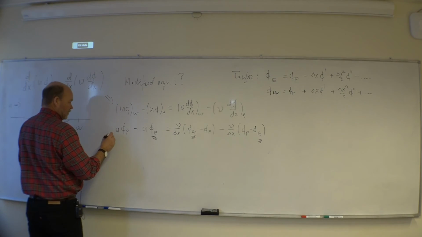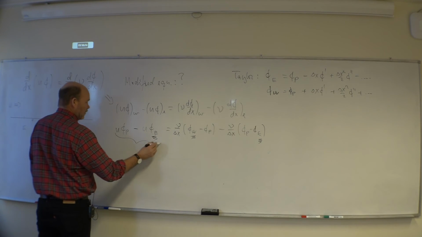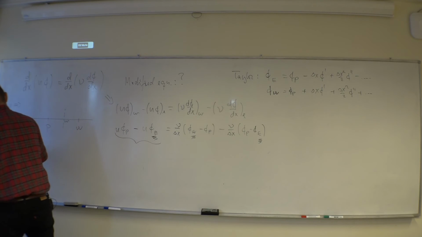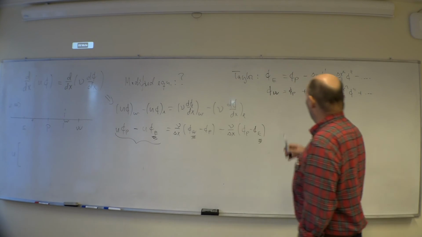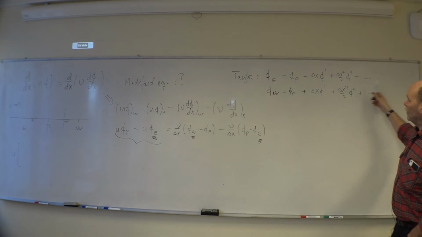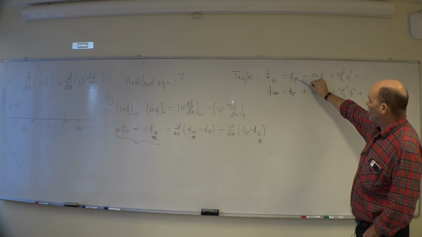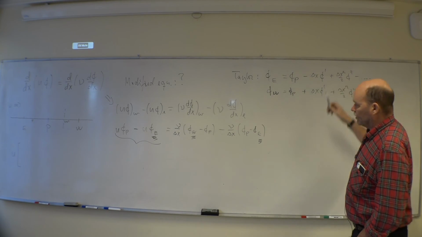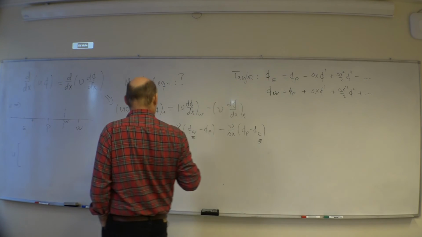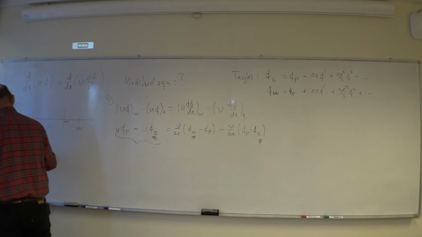Well, for these two, put the u outside. What do we get? You have the center point minus this one. So the center point will fall, and negative, so it will become positive. So here you will have a delta x phi derivative.